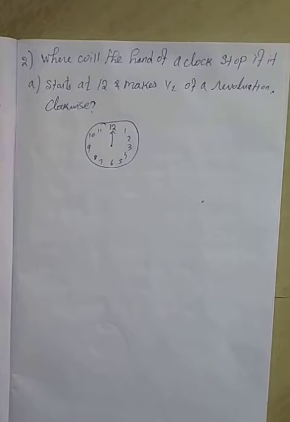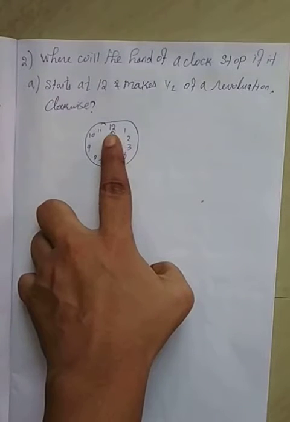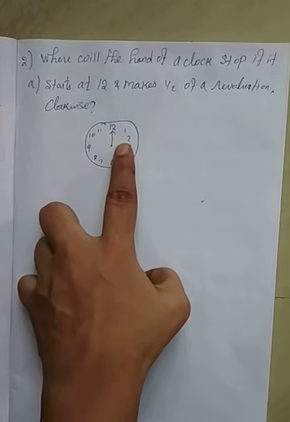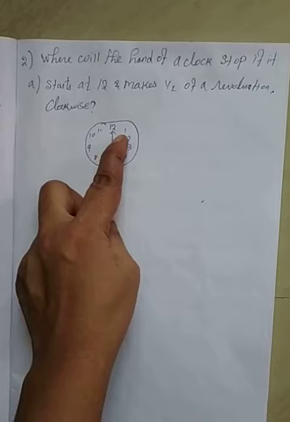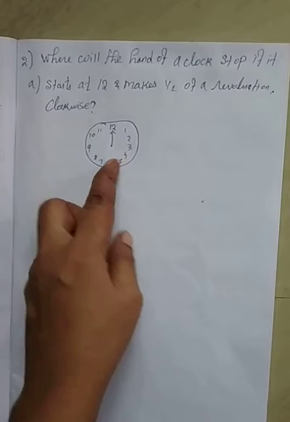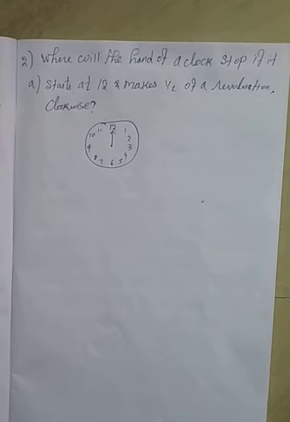How do you find 1 by 2? When the hand of a clock starts at 12 and makes 1 by 2 revolution clockwise, it will rotate by 180 degrees. Hence the hand of the clock stops at 6.